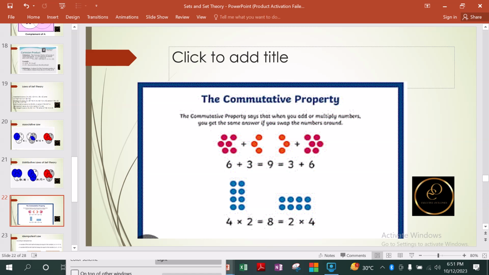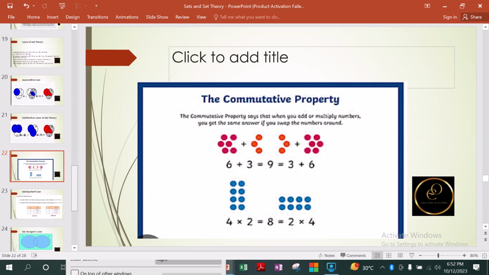So this is indicative of commutative law. Even with multiplication, you can look at this one, 4 rows by the order of 4 by 2, which is 4 times 2 equals 8, the same as the order of 2 by 4, which will still be 8. So that's what is showing there.